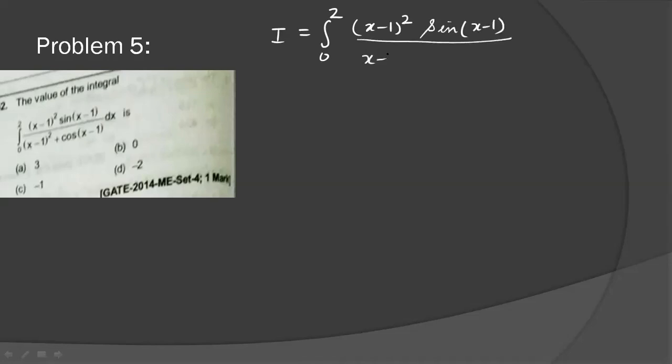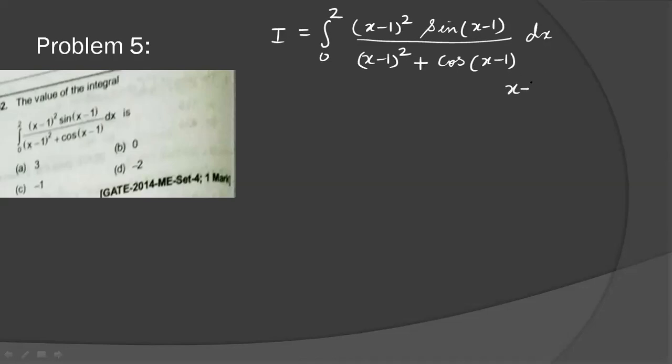In problem 5, it is the integration from 0 to 2 of (x minus 1) whole square sine (x minus 1) over (x minus 1) whole square plus cos (x minus 1) dx. See, x minus 1 is coming in every factor.